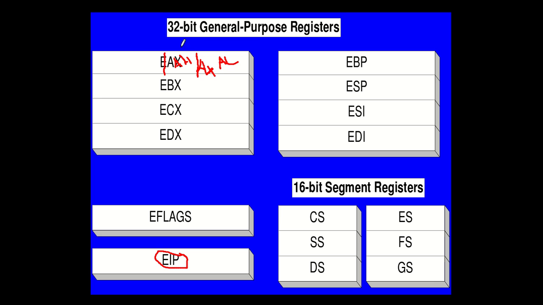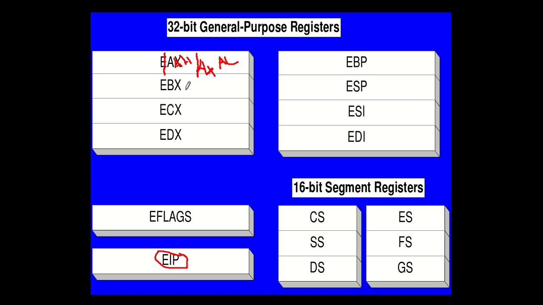It's only applied on those 4 registers, which some books call data registers. EAX is the extended accumulator, 32-bit, 4 bytes. EBX is the extended base register.